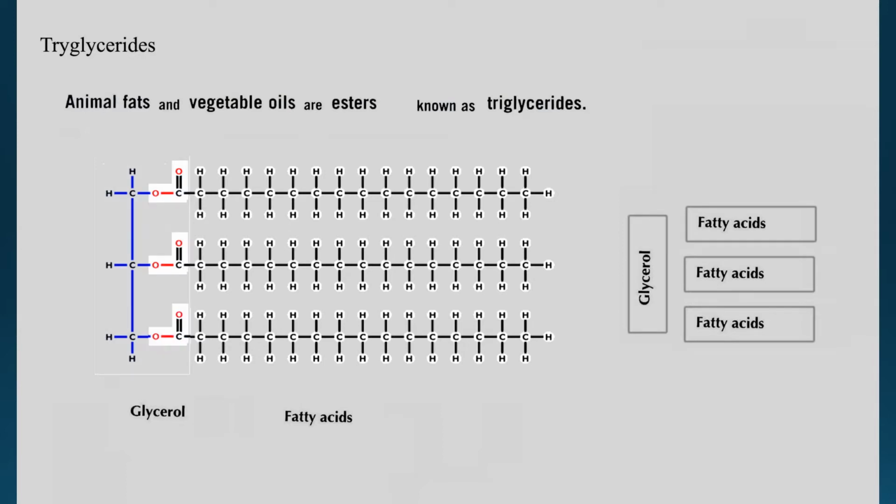They are linked by a COO bond, which we learned earlier, the ester bond. So triglyceride has a polar glycerol part and a non-polar fatty acid part, and they are linked together through the ester bonding, COO ester bond.